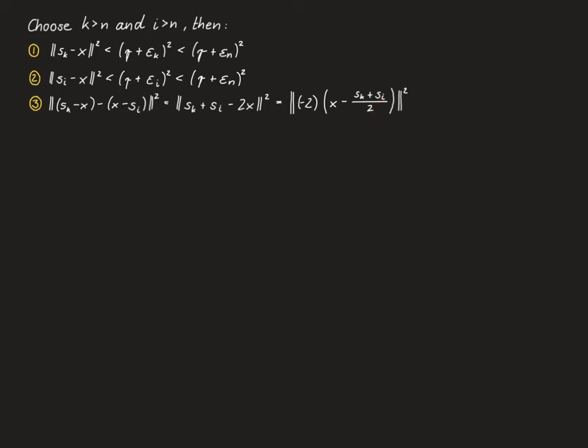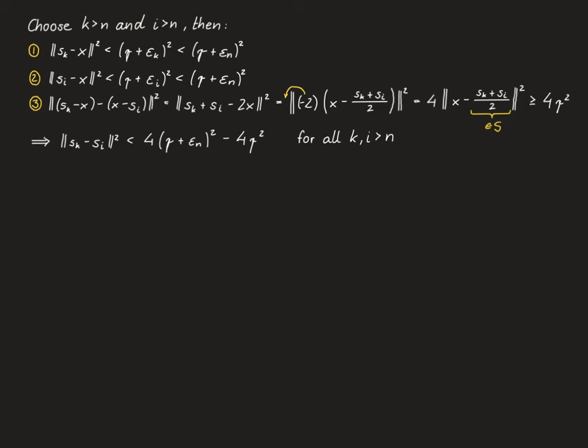And now we pull out the factor -2 in front of the squared norm to get that this is 4 times the norm of x minus (sk plus si) half, squared. And since this expression clearly represents a vector in the subspace S, this means that the norm has to be greater than or equal to gamma, and hence the entire expression has to be greater than or equal to 4 gamma squared.